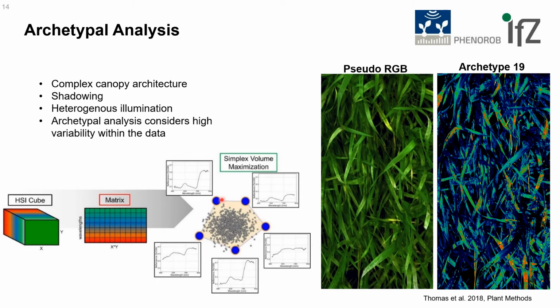By spanning the simplex across the data cloud, we identified characteristic archetypes and classified all other data points with respect to these archetypes. And the result was very positive. We obtained a disease detection with a high accuracy, and the algorithm was able to handle the complex data structure and the heterogeneous illumination situation as well.